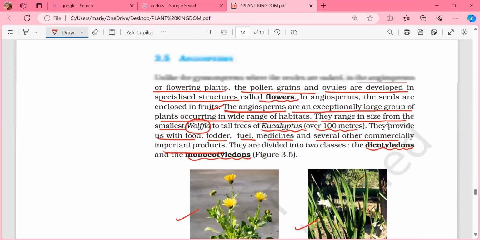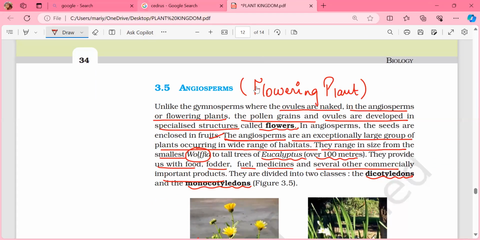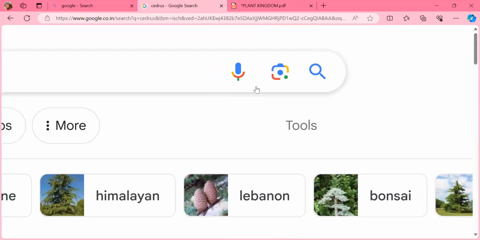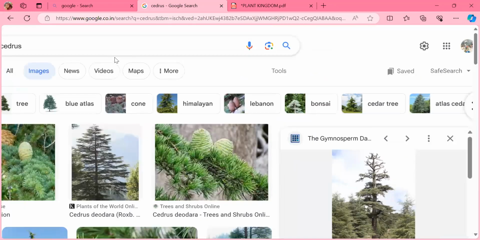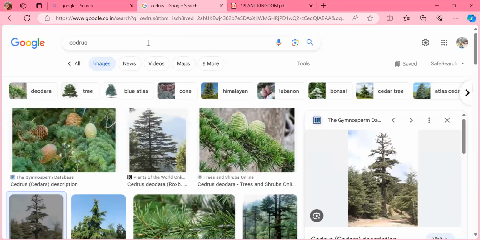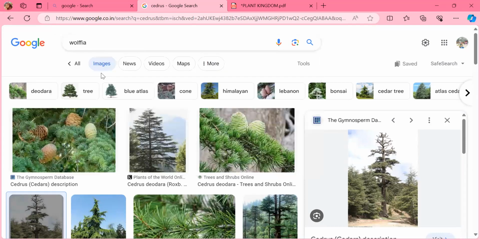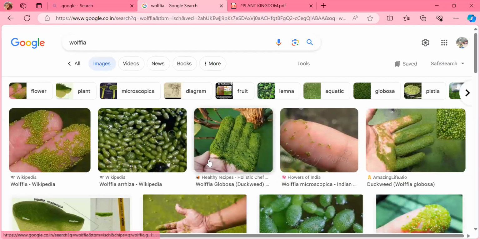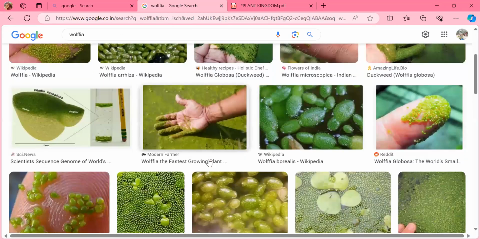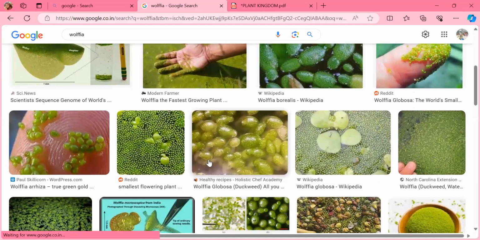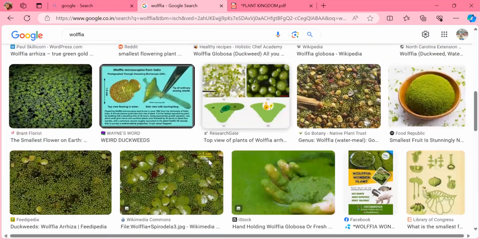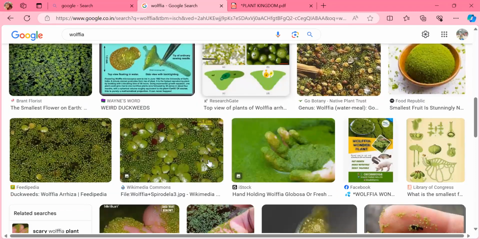Now let us look at the pictures of Wolfia and eucalyptus. See, it is the smallest. It is the smallest angiosperm ever.